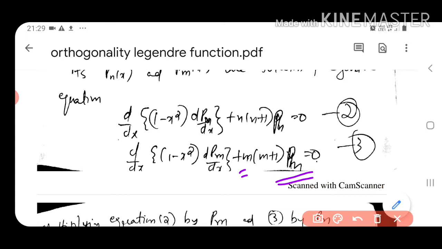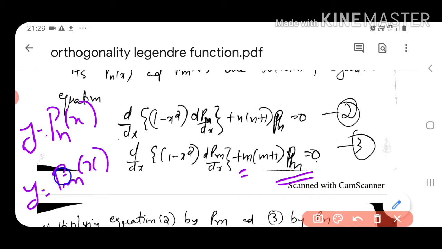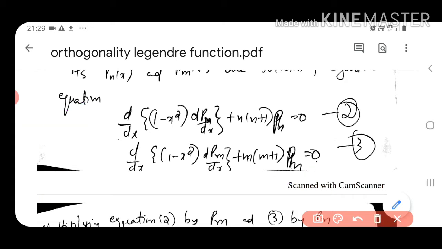So here you can write y as equal to Pn(x), and here you can write y as equal to Pm(x). Here we have taken Pn, and here Pm, with dPm by dx, dPn by dx, dPm by dx.